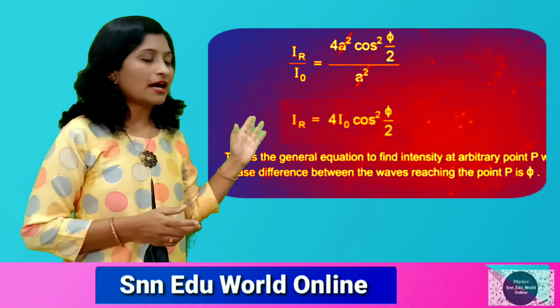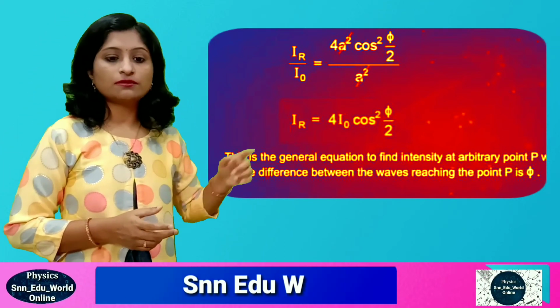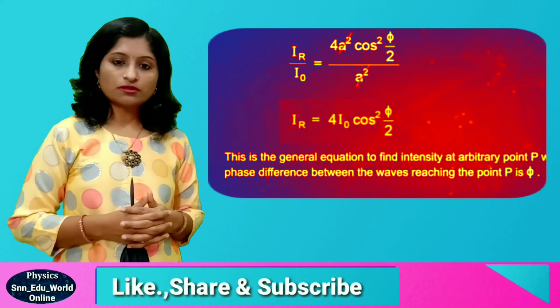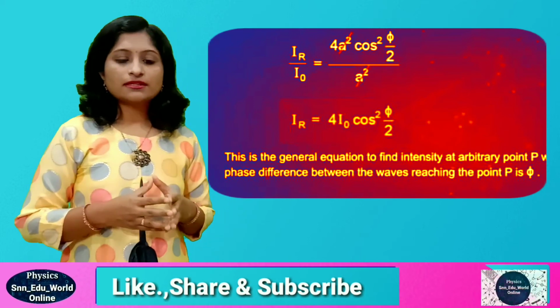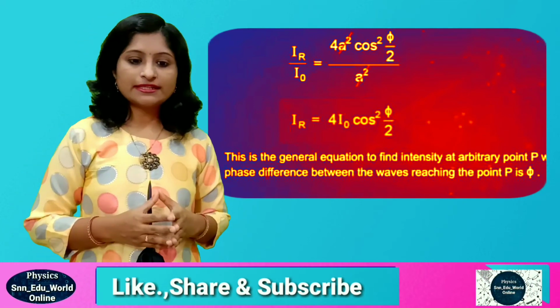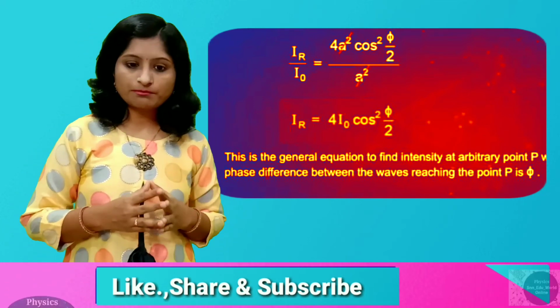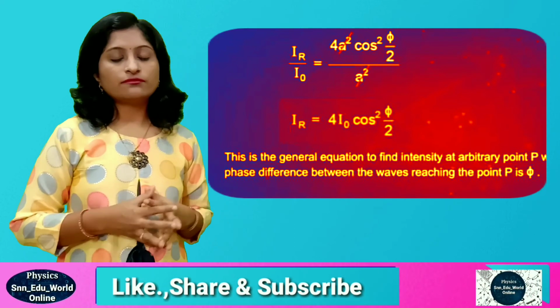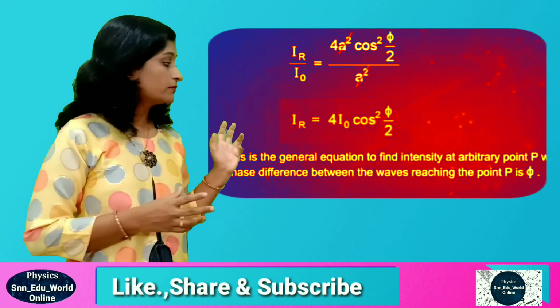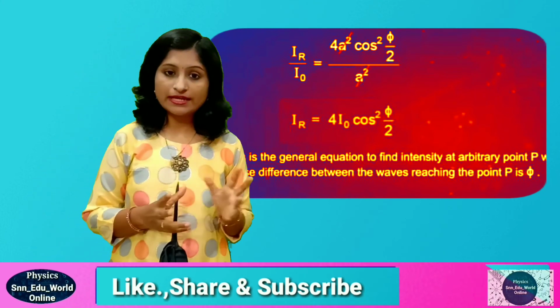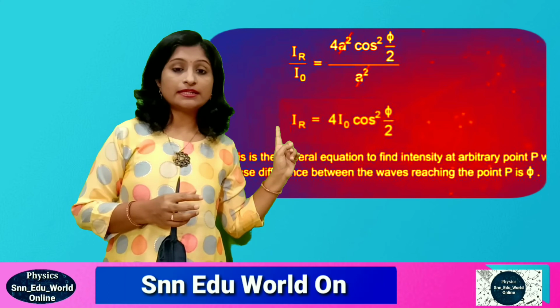We are getting IR divided by I naught is equals to 4 cos square phi by 2, that is IR is equals to 4 I naught cos square phi by 2. This is the general equation for the intensity at an arbitrary point P when the phase difference between two waves is phi.